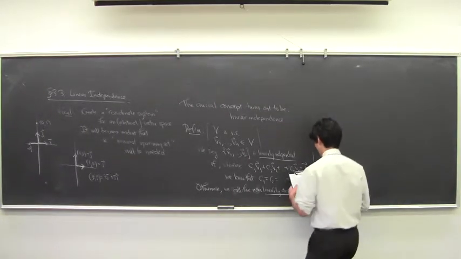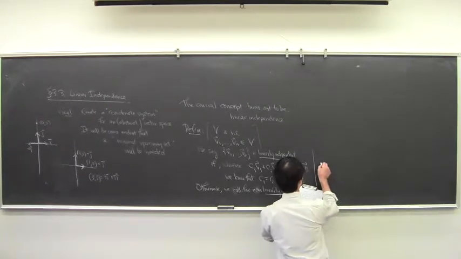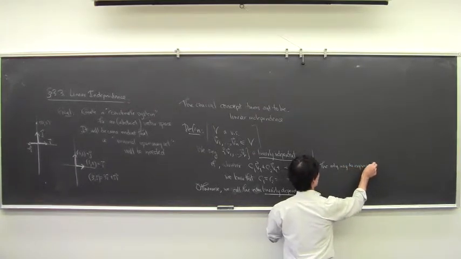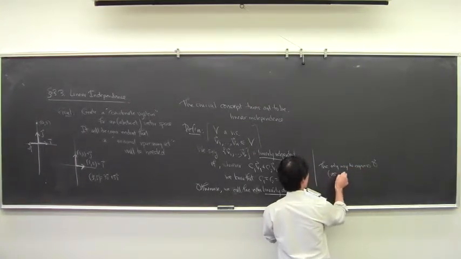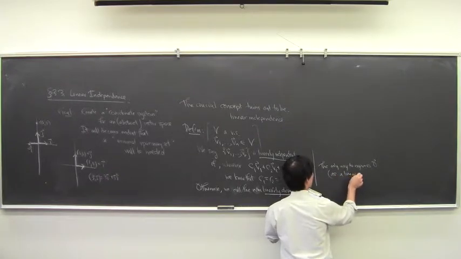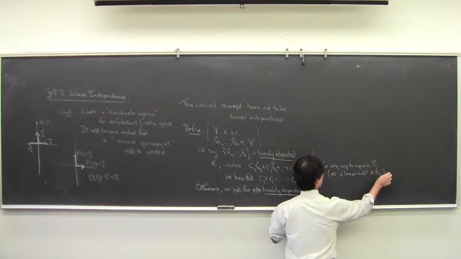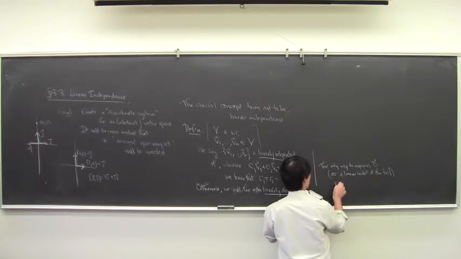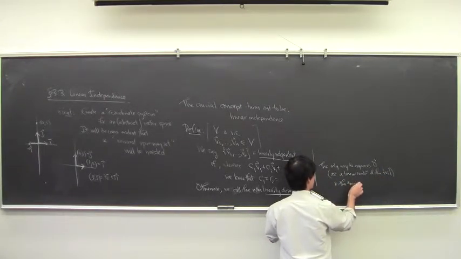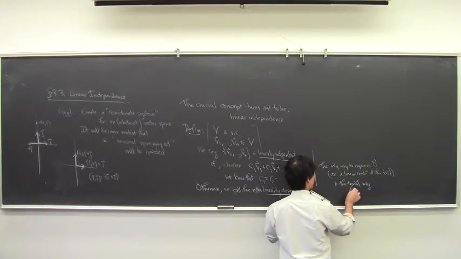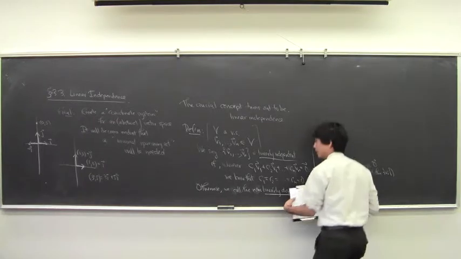So the only way to express zero as a linear combination of the Vi is the trivial, or the obvious, way.